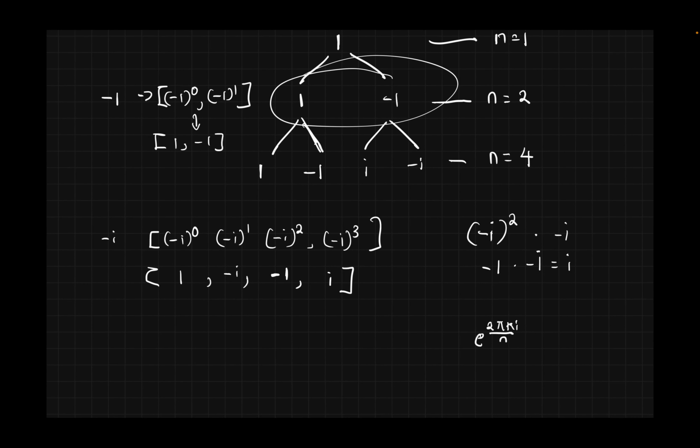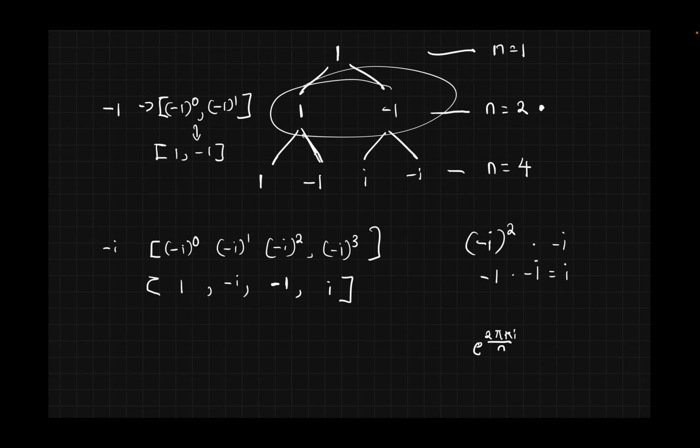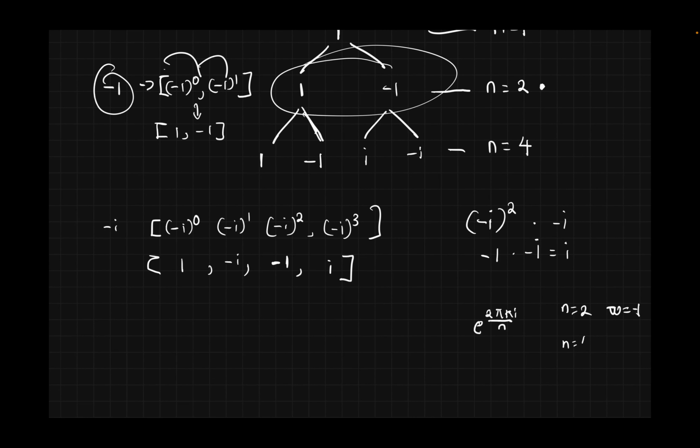So when n is equal to 2, it will give you minus 1. It's a minus 1 that we're able to use to generate everything. When n is equal to 4, it's going to give you minus I. Does that make sense?